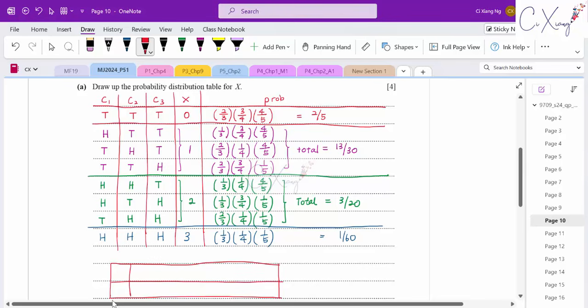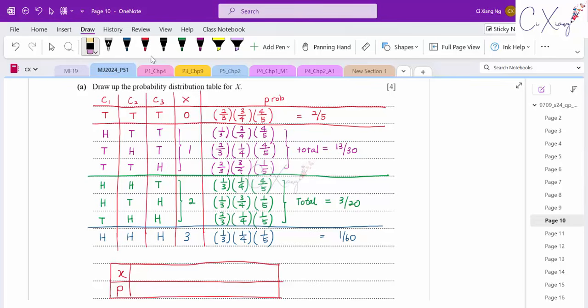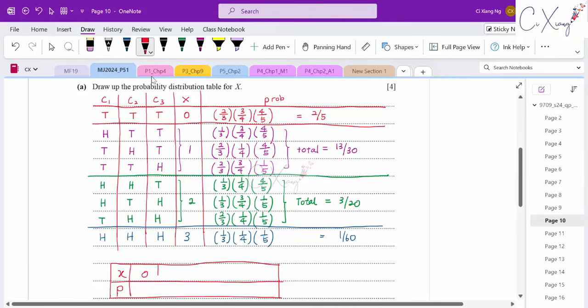In the first row we put in the values for x, the second row we put in the values for p. I have x equals 0 first, then x equals 1, x equals 2, and also x equals 3. Then from that, you put in the probabilities here: 2 over 5, 13 over 30, 3 over 20, and also 1 over 60.